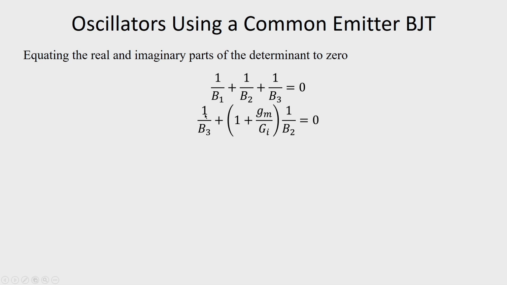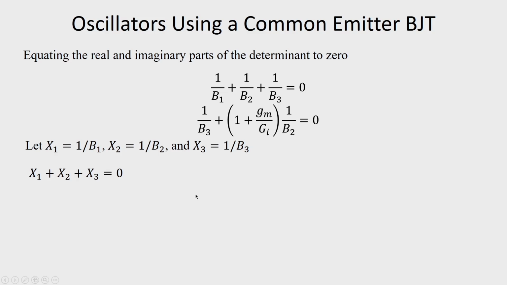And 1/B3 plus (1 + Gm/GI) into 1/B2 equal to 0. So, these are the two relations we obtain.